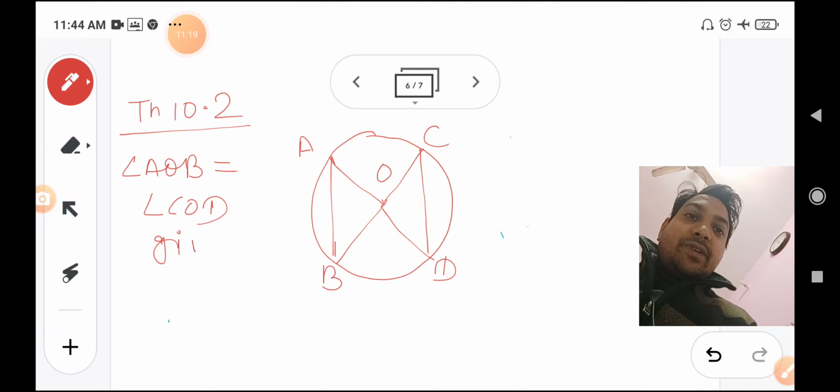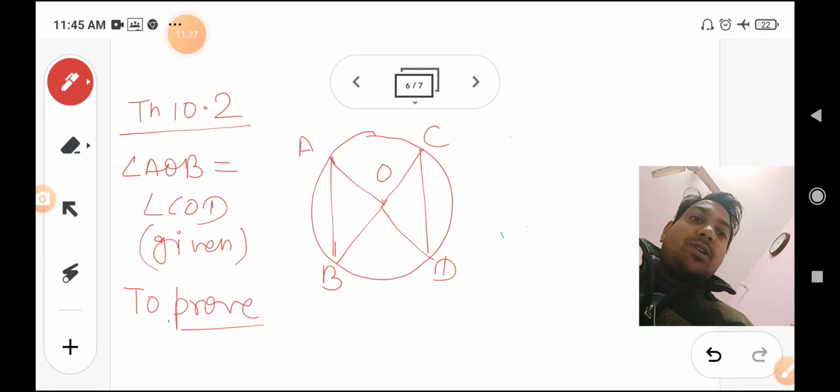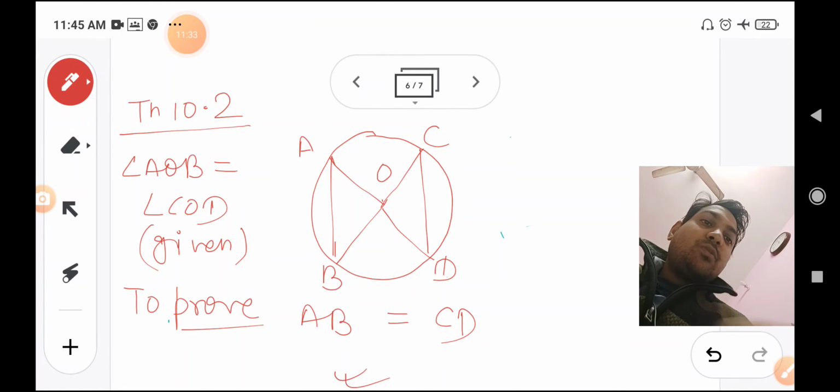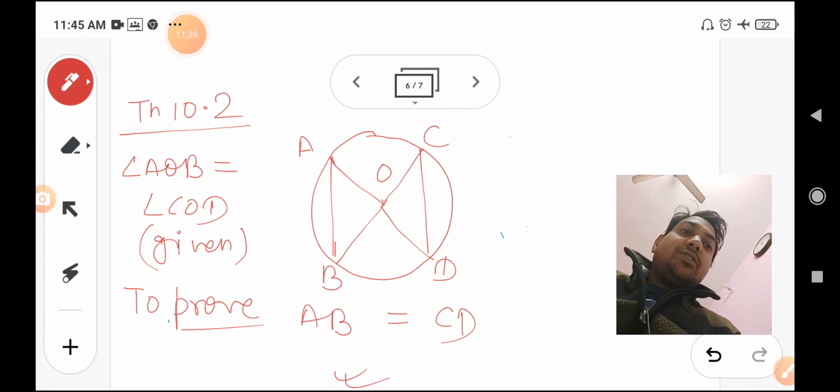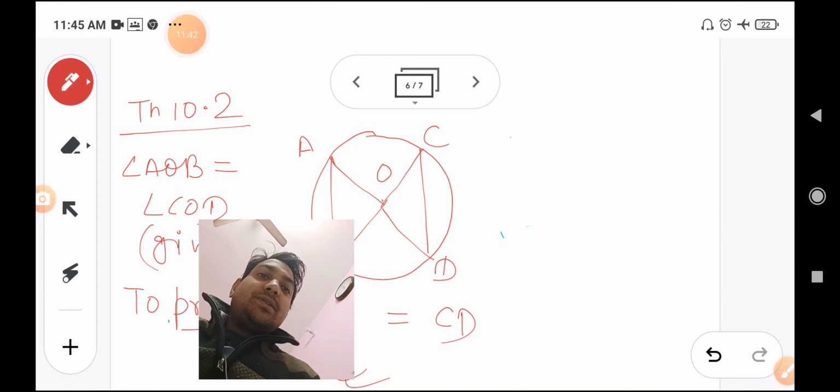It is given, and what we have to prove is these two chords will also be equal, means AB will also be equal to CD. This we have to prove. I think you can prove it by using congruency. Can you do it? So let me solve it.